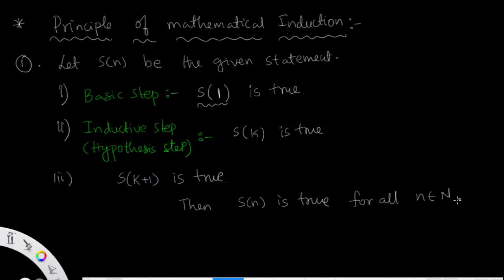First, read the given statement. We let it be S(n). The basic step is, first we have to prove by putting n equal to 1 in place of n in the statement. It will be true. And then next, another number, we can hypothesize as k, so k will also be true. The third step is, if S(1) is true and S(k) is true, then the next term k plus 1 is also true.